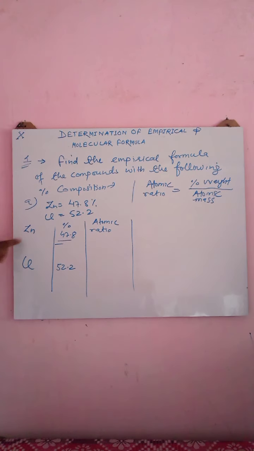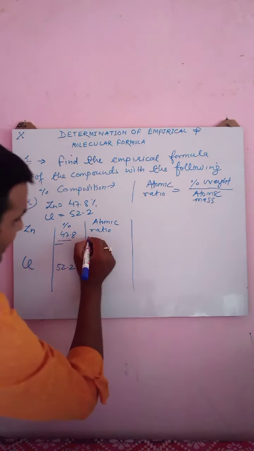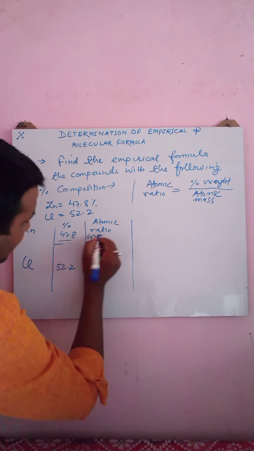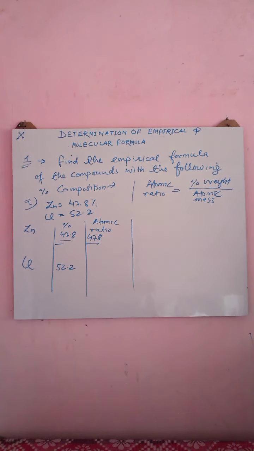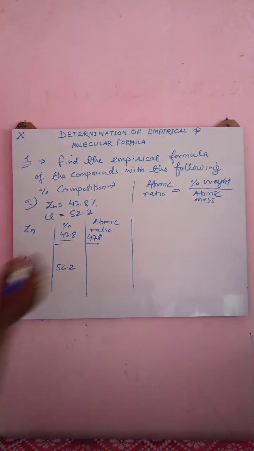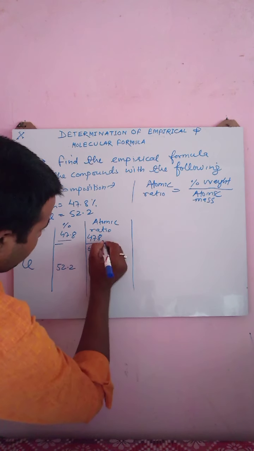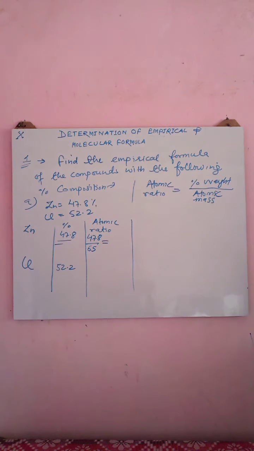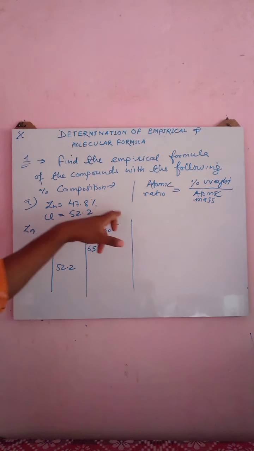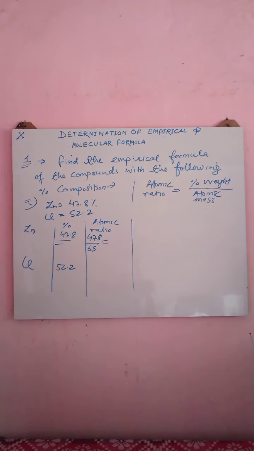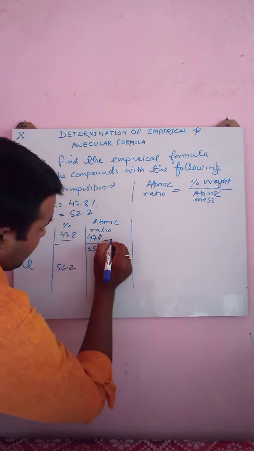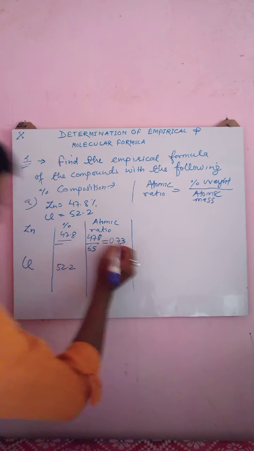The percentage weight of zinc is given, 47.8%. 47.8 divided by the atomic mass of zinc. Atomic mass of zinc is 65. After this division, whatever you get will be the atomic ratio of zinc in the upcoming formula. After division, you will get approximately 0.73.